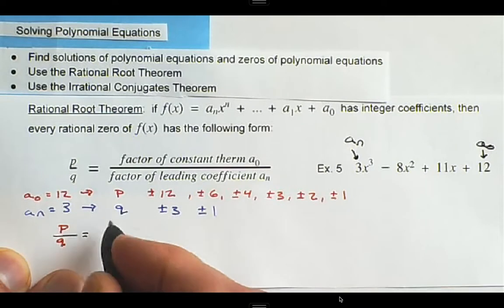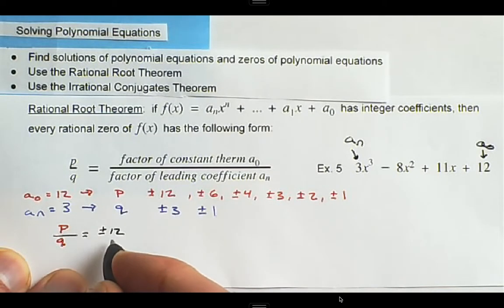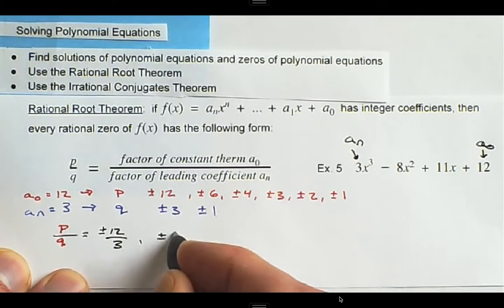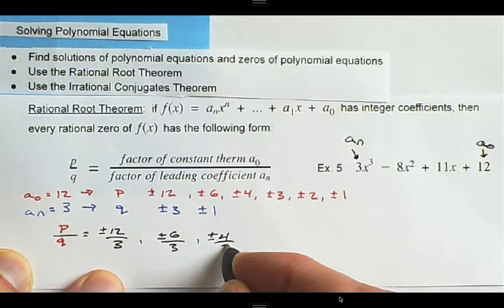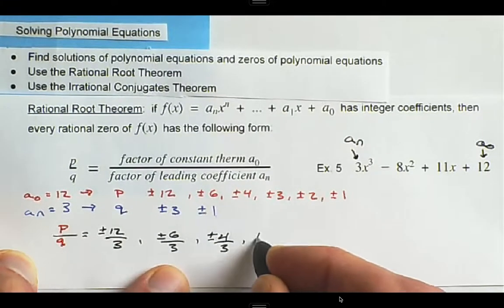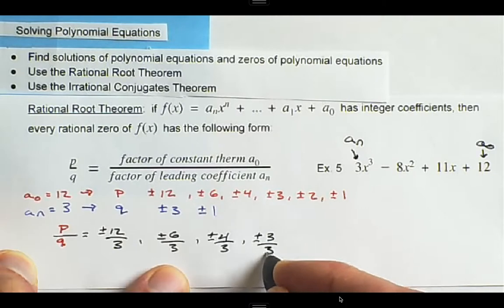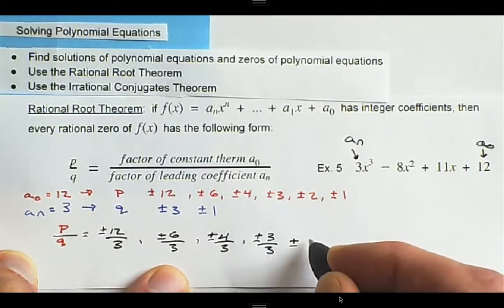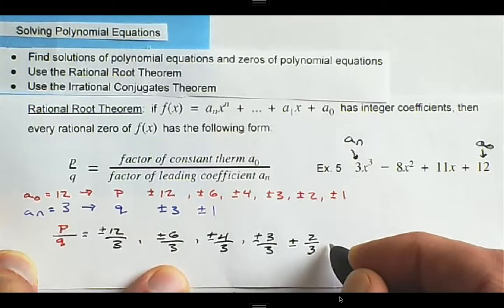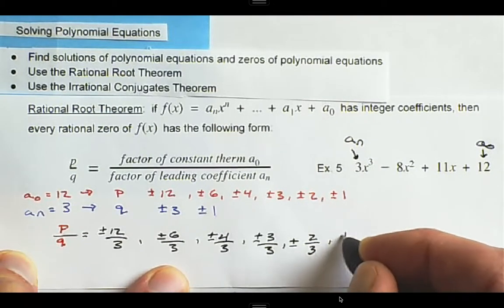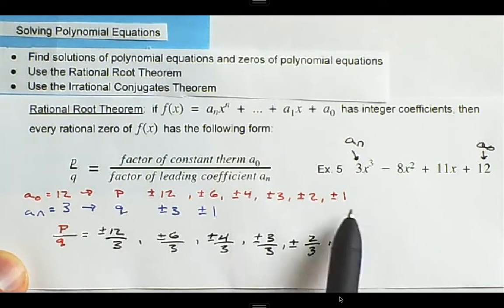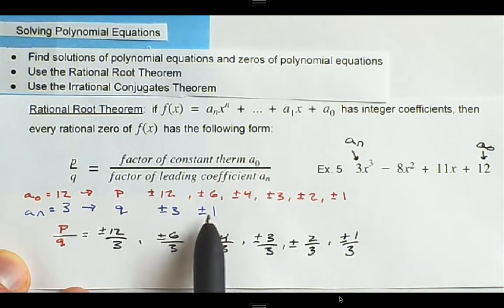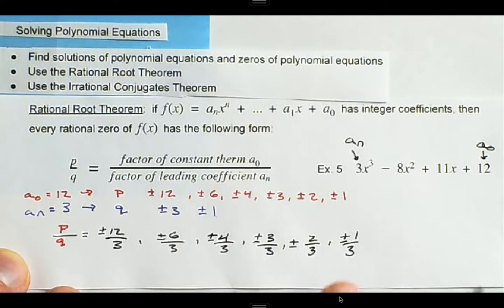In this case, p is 12: plus or minus 12 divided by 3, then plus or minus 6 divided by 3, plus or minus 4 divided by 3, plus or minus 3 divided by 3, plus or minus 2 divided by 3, and plus or minus 1 divided by 3. That's for all those factors divided by 3, but then we have to do it again for all those factors possibly divided by 1.